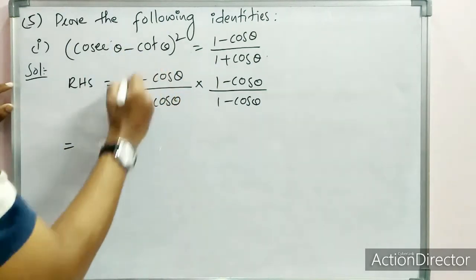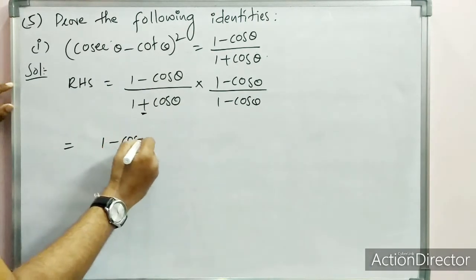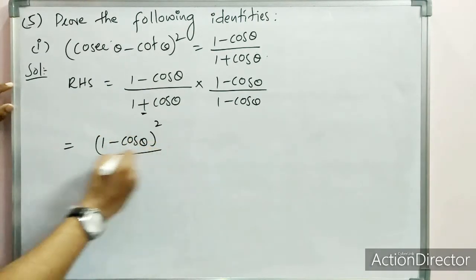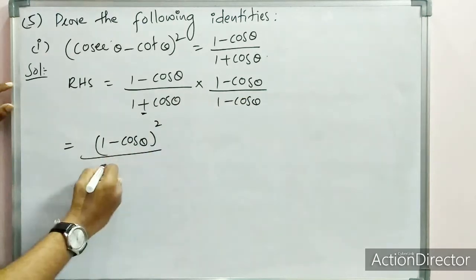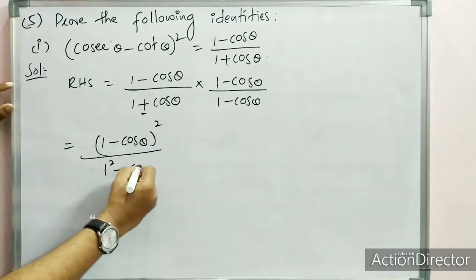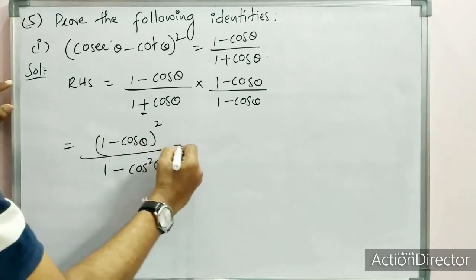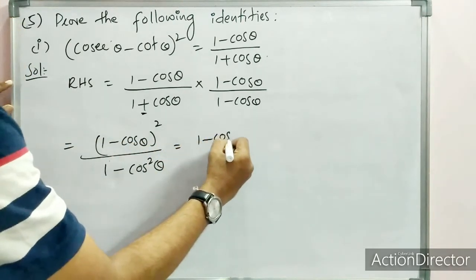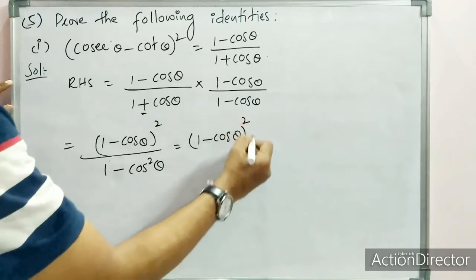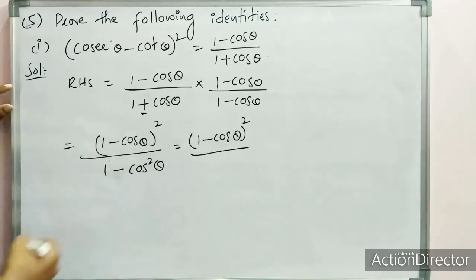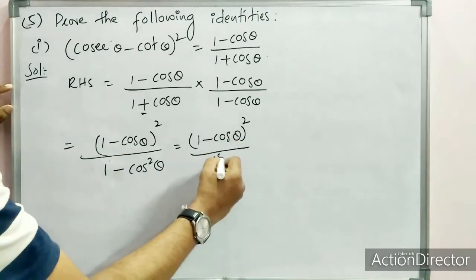Now you see this is (1 minus cos theta) whole square by, this is (a plus b) into (a minus b), a square minus b square. So 1 square is nothing but 1. Now the numerator is (1 minus cos theta) whole square. The denominator, 1 minus cos square theta, is sin square theta.